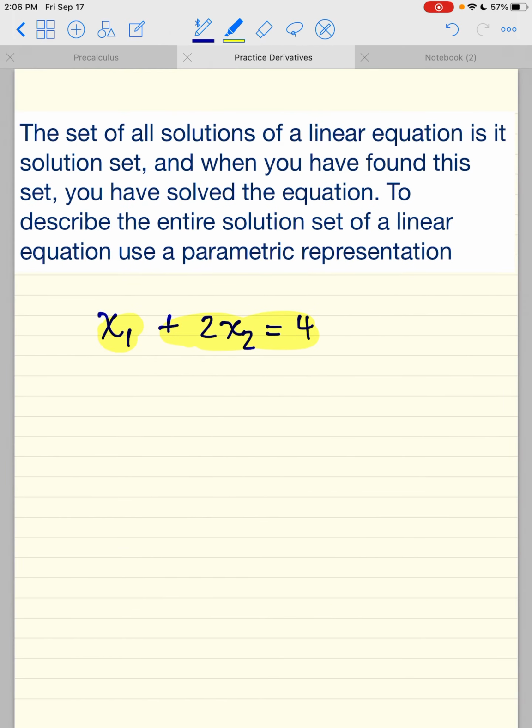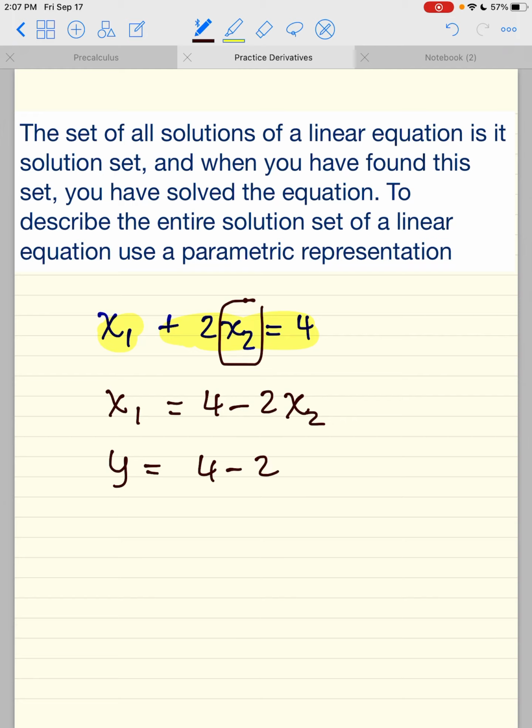What you can do is take the last variable, and you should, that's just conventional, right? And we can say x1 is equal to 4 minus 2x2. It's almost like saying y equals 4 minus 2x.